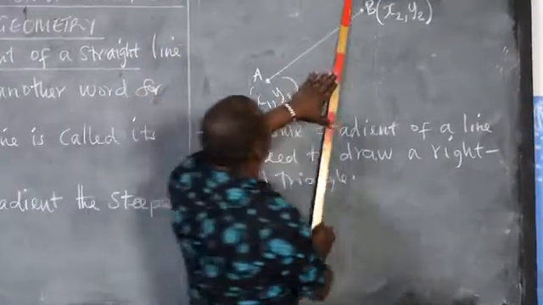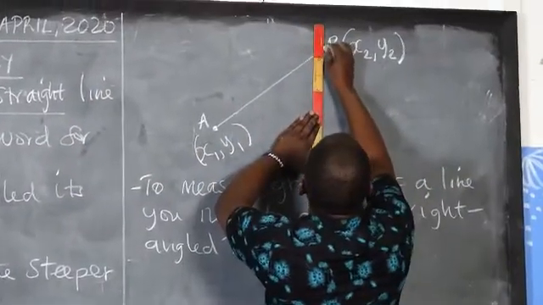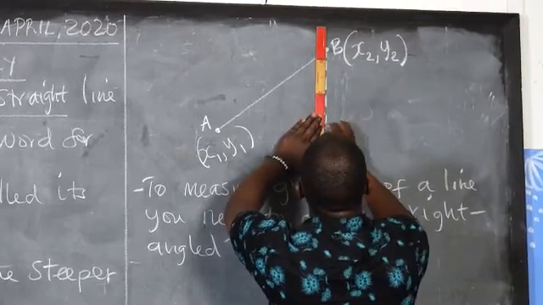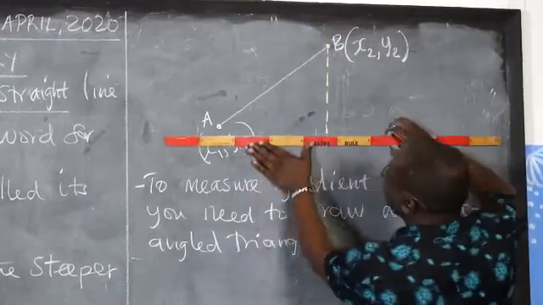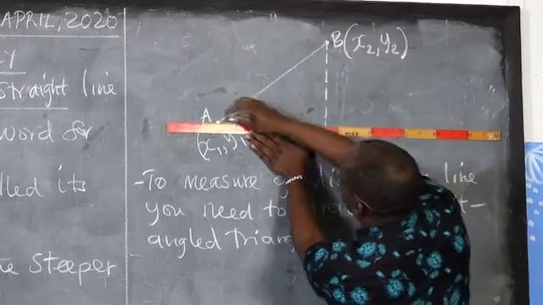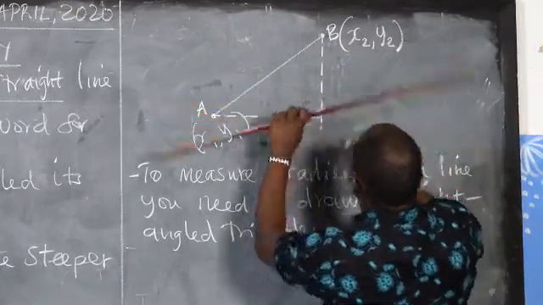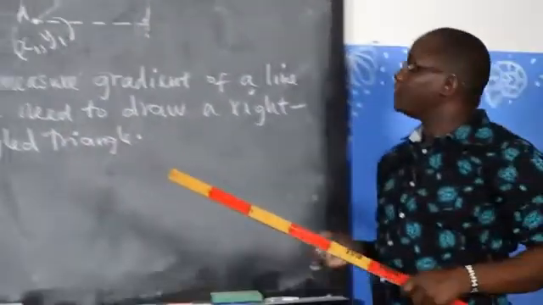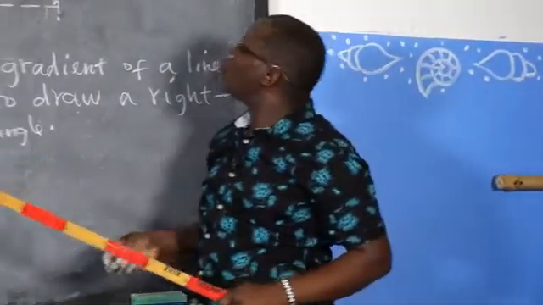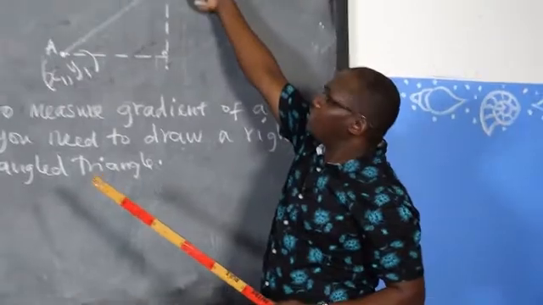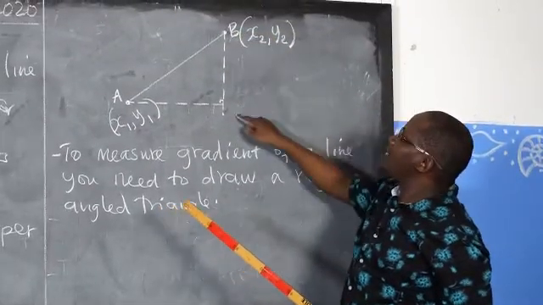So we have point B. So we are drawing our right angle triangle. You know that a right angle triangle must have an angle of 90 degrees. So for you to calculate the gradient, you need to know the difference in the y coordinate.